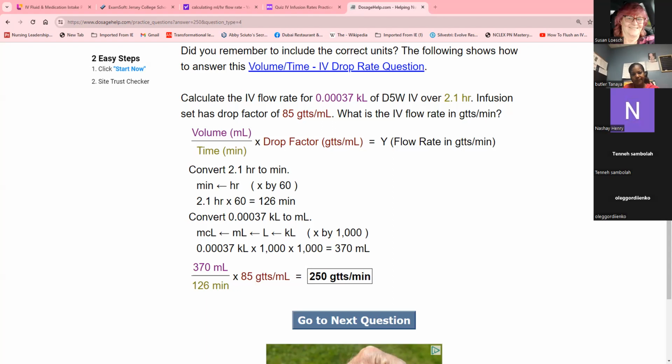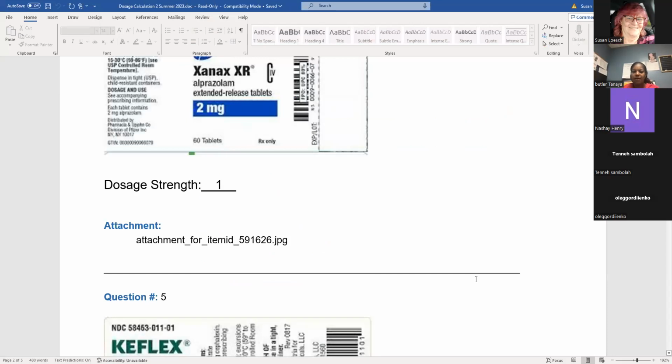So that answer there should have been 2 milligrams. Everybody good with that? Well, we can't see it, Miss Sue. It's stuck on the last question of 250. How about now? Okay, yes. Everybody good with that one? 2 milligrams, the strength? Yes.